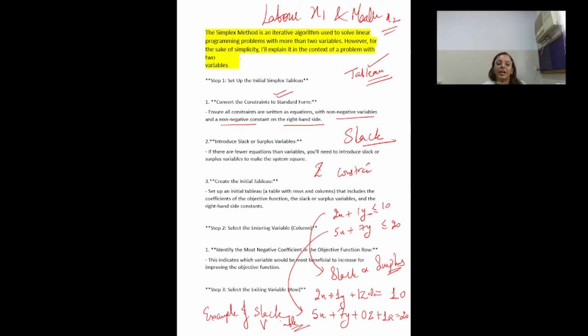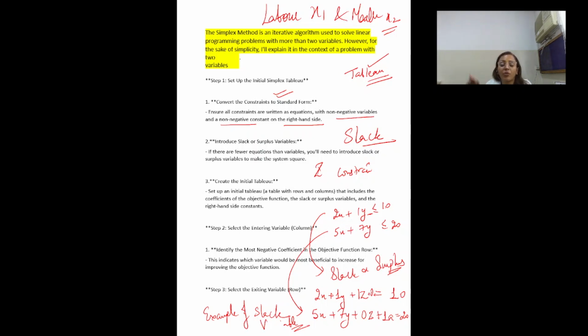Now at this point we have to consider some more important steps, like we have to identify the most negative coefficient in our objective function, that is row-wise. It indicates which variable is more beneficial to you and which you want to improve. In this example we have introduced two things, that is z and a.